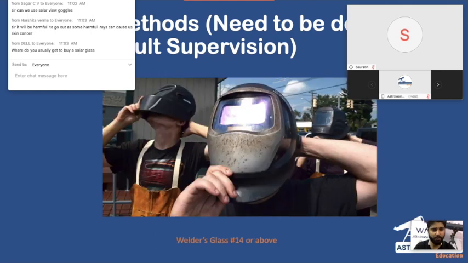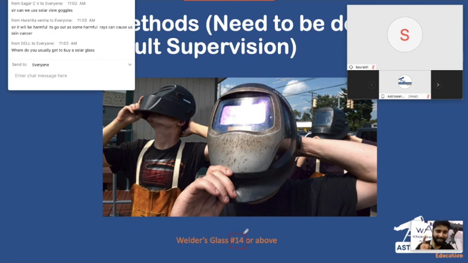A solar filter, you can put it in front of the goggles and see. There is a particular welder's glass. Do not confuse it with any welder's glass, please. I am telling this very carefully. This is only the eclipse glass number 14 or above. Welder's glasses are graded by number. Welders use a glass to actually do the welding, right?